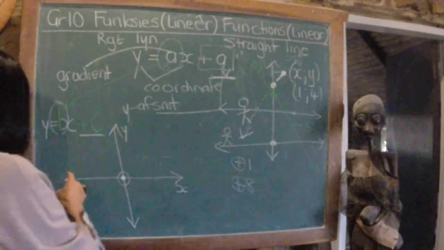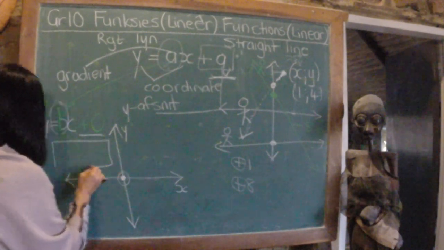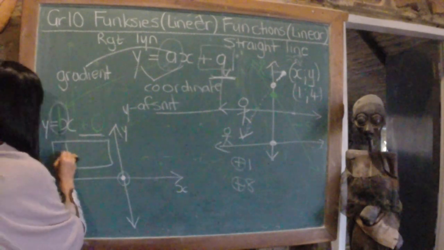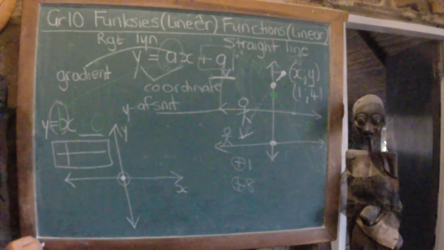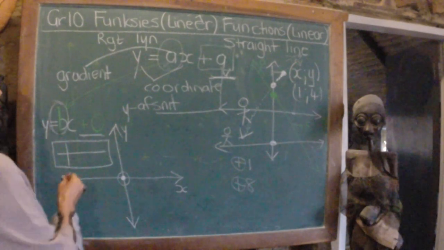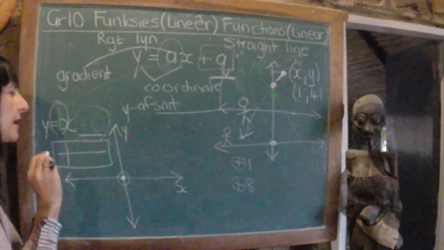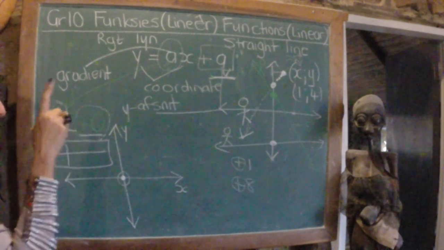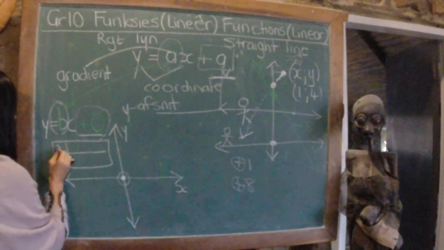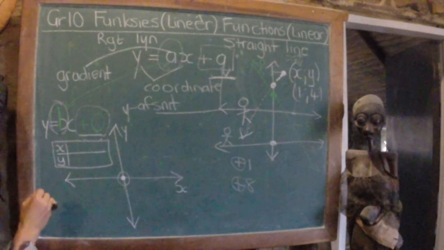As my q-waarde 0 is, moet ek vir myself 'n tabelletjie gaan teken. En ons het dit in graad 9 gedoen. Ons het dit genoem die tabelmetode. In graad 10 doen ons net die tabelmetode if the q value equals 0. So kom ons gaan kies waardes vir x en vir y. Kom ons maak dit maklik.